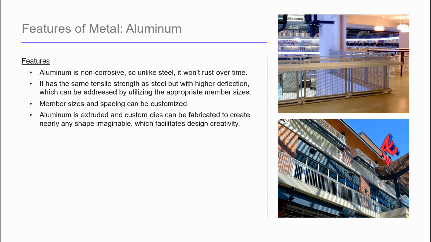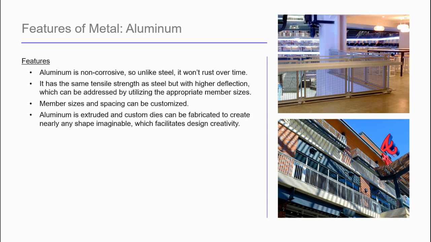Let's examine the features of metal when choosing aluminum. So why would we choose aluminum? Well, for one thing, it's non-corrosive. It won't rust like steel will over time. You might get some corrosion on it if it's not anodized or painted, but that's not going to be visible. It's just going to be a white powdery substance. It's not a big deal.